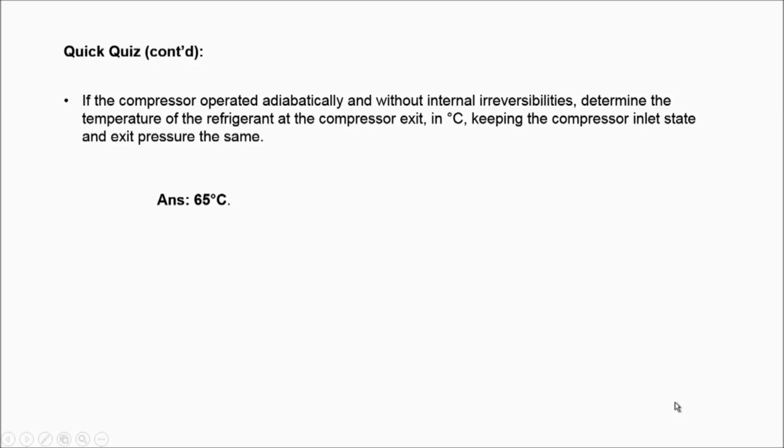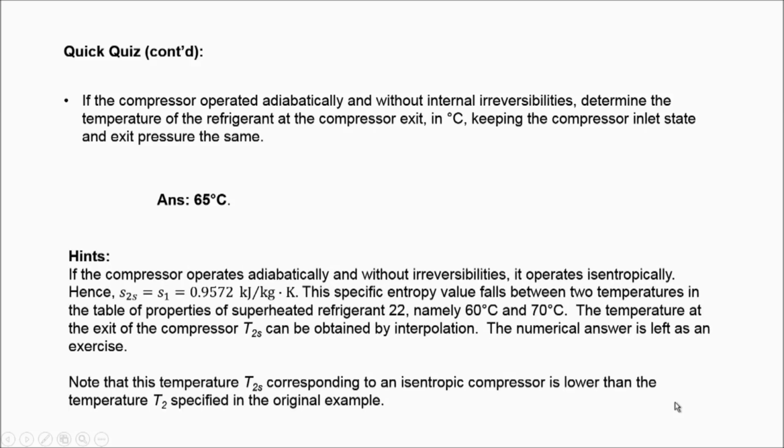If not, review carefully the steps in this video, particularly for computing the entropy production in the compressor, and check your calculations and properly look up in the tables. If you are still having trouble getting the correct answer, here are a few hints. If the compressor operates adiabatically and without irreversibilities, it also operates isentropically.